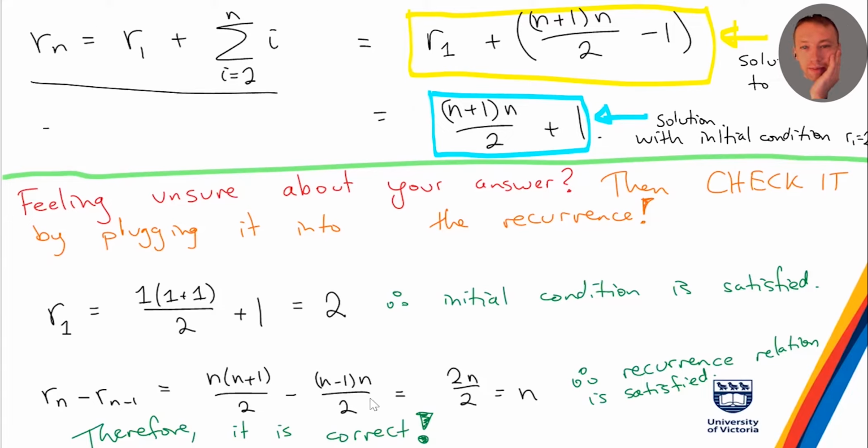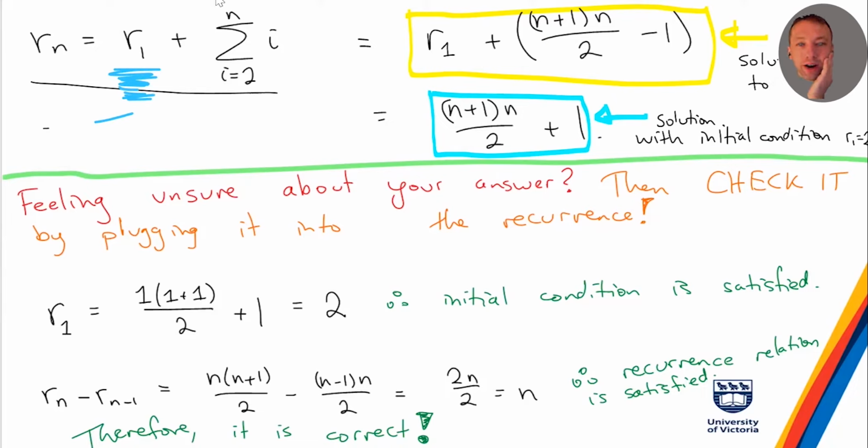One thing I should mention is that sometimes you're asked to find a general solution to a recurrence relation, and sometimes you're told to get a particular solution subject to the initial conditions. Suppose I didn't know that R1 is 2. Just by knowing the recurrence, I can still get a formula for Rn.